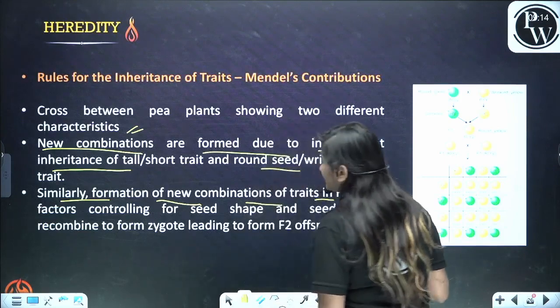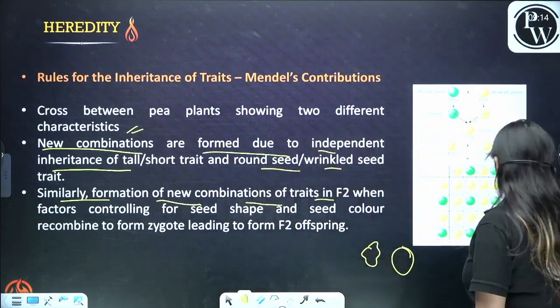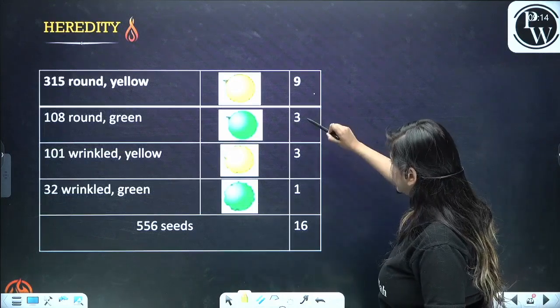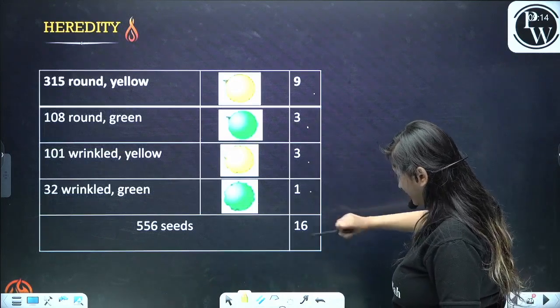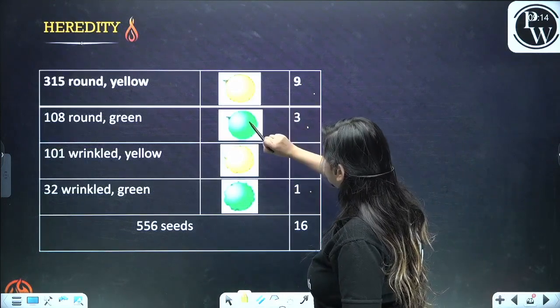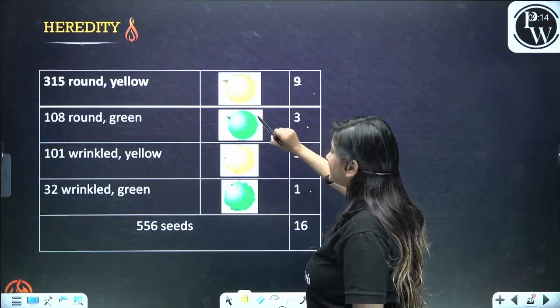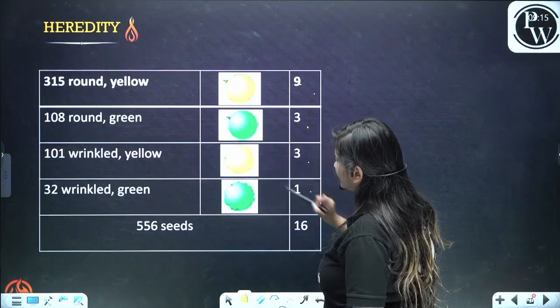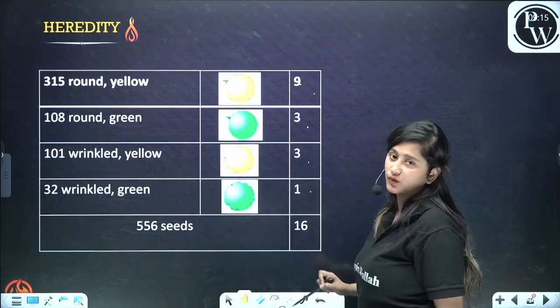These are the new combinations seen in F2 offspring. Here you can see 9:3:3:1. 9 are the dominant one, 3 are the other wrinkled, and you can see the dominant one and a wrinkled one and the recessive one.